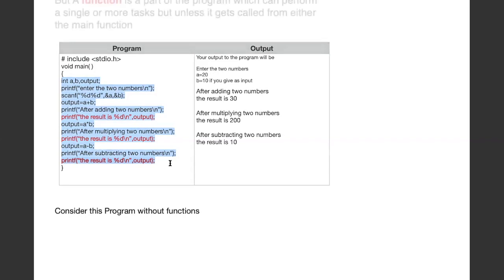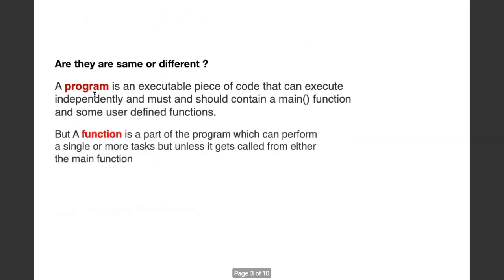Going back to the definition of a program, keep in mind a program is an executable piece of code that executes independently. When I say independently, it doesn't require the help of any additional component, and it must contain a main function.